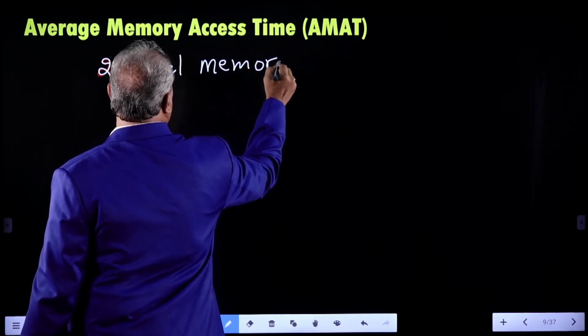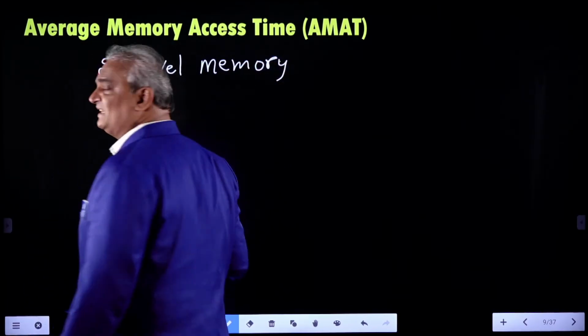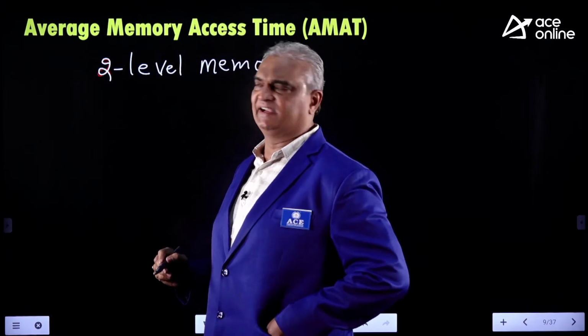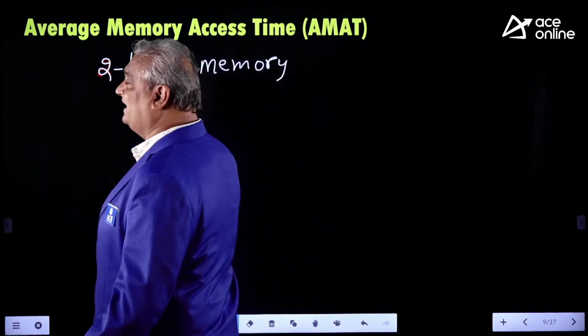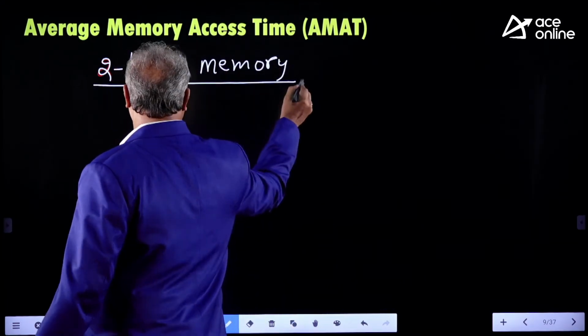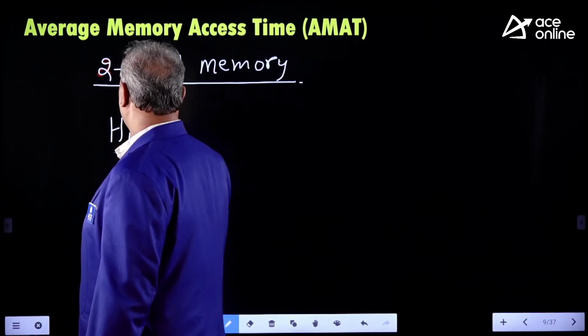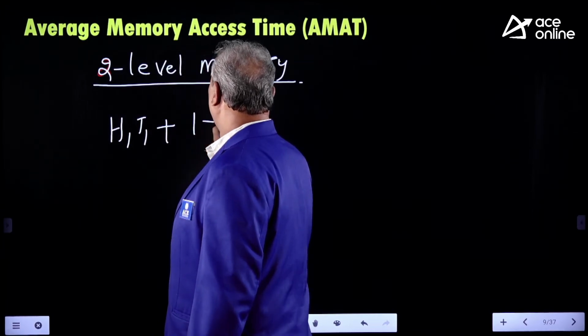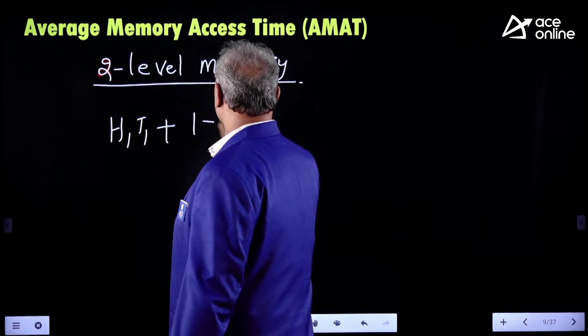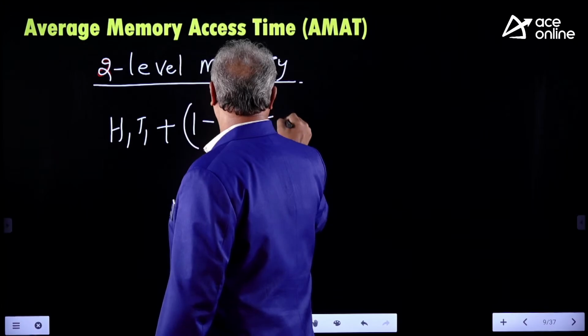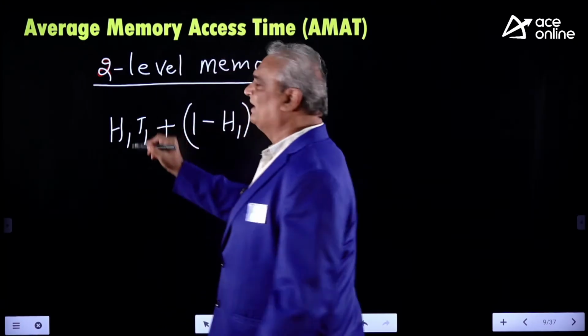L1 represents the first level, L2 represents the second level. In this, what about the AMAT expression? In two-level memory, the AMAT expression is H1 T1 plus (1 minus H1) into T2. What is T1?